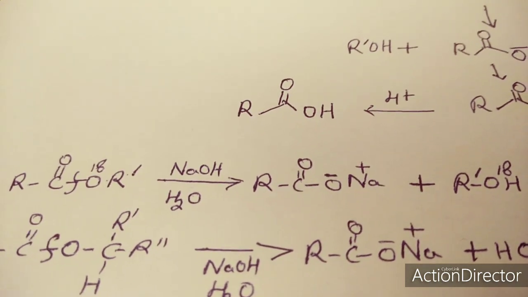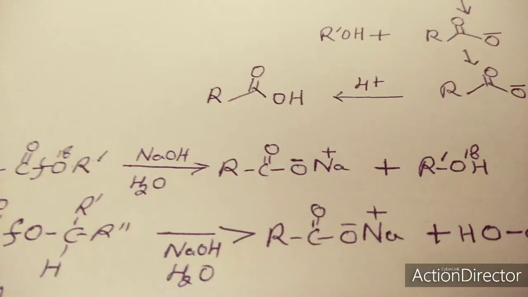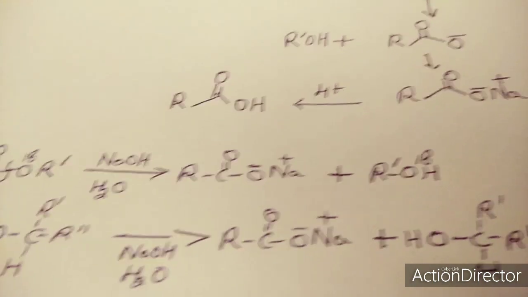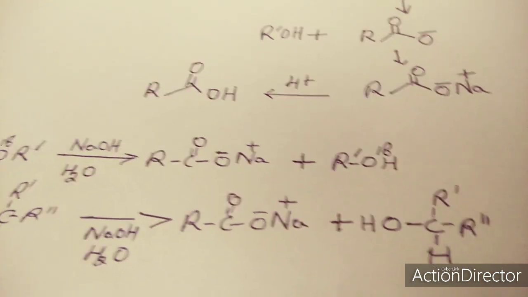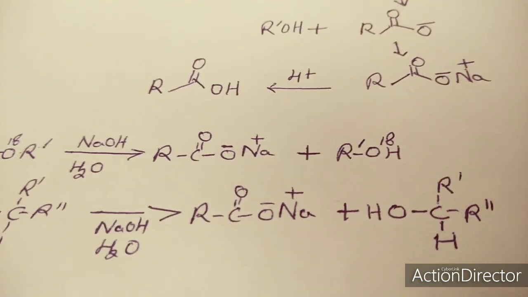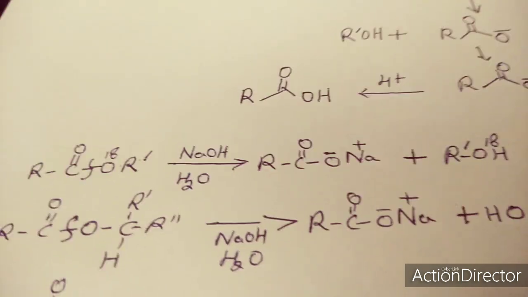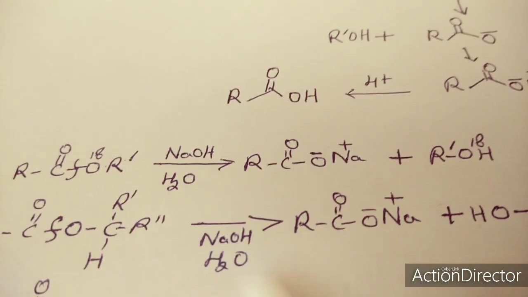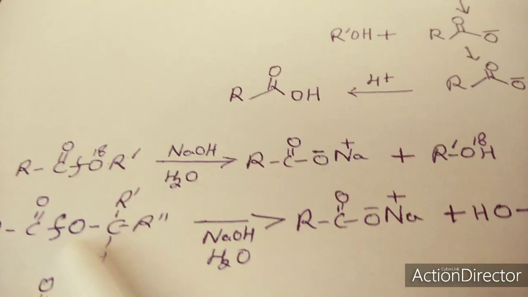The product that will be formed will retain the stereochemistry, as was discussed earlier in the case of our acid hydrolysis. So it will have the same stereochemistry as was present in this ester, thereby showing that this carbon has not been affected.